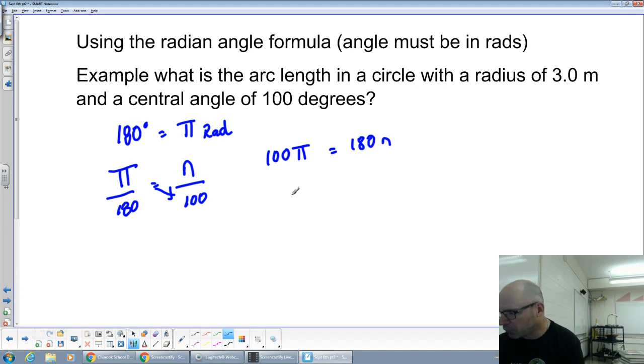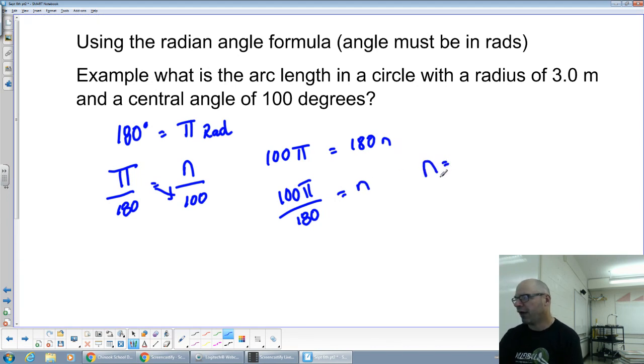We divide by 180 on both sides, so 100 pi over 180 equals n. So the central angle is equal to, if we divide by 10, 10 over 18, or divide by another 2, 5 over 9 pi radians.